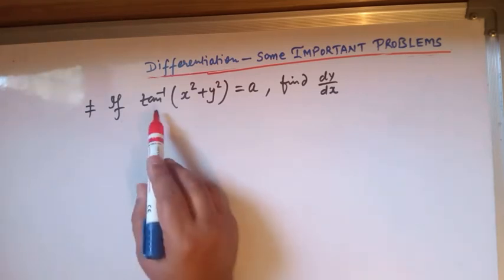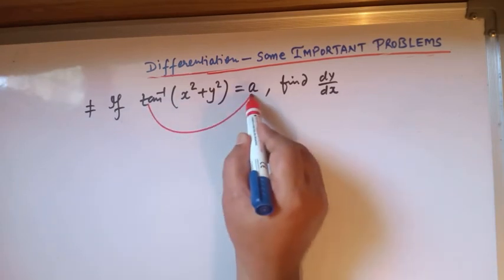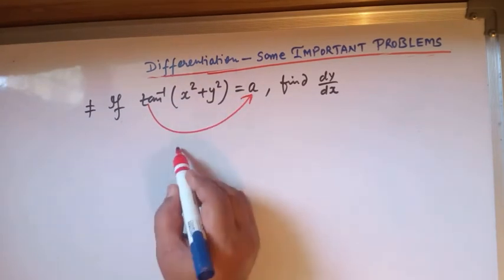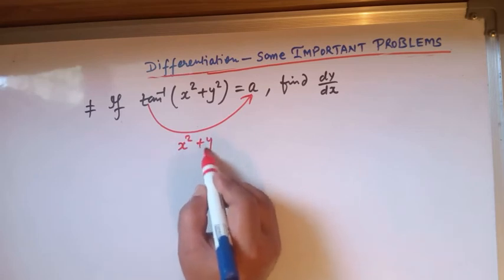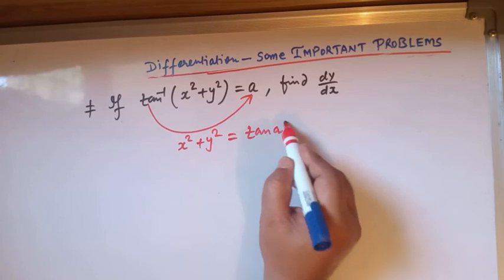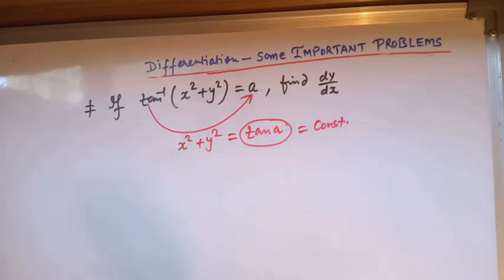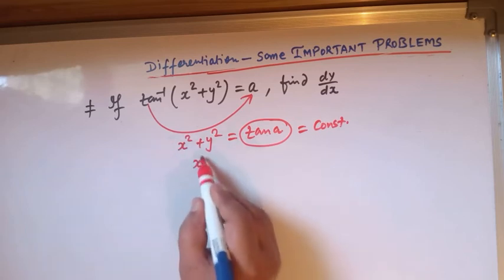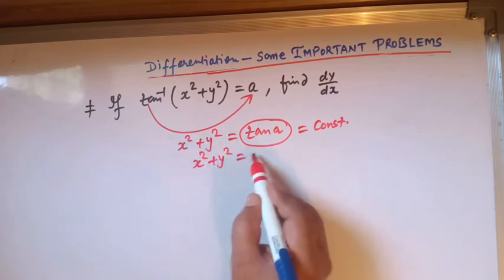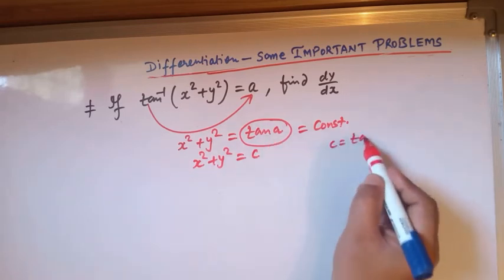Clear? So here also we see that if we take this tan inverse to this side, what we will have is x square plus y square is equal to tan a, and tan a is a constant. Now we have x square plus y square is equal to some constant, say c, where c is tan a.